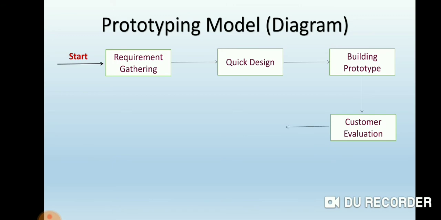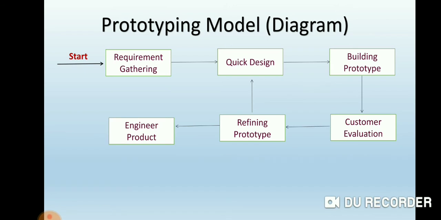With the help of evaluation, if required, refining of the prototype is done, or sometimes it has to go back to the second stage, that is quick design. After that, it will be passed to the engineer's hand. The engineer will convert the prototype into an actual product, and the process is stopped.